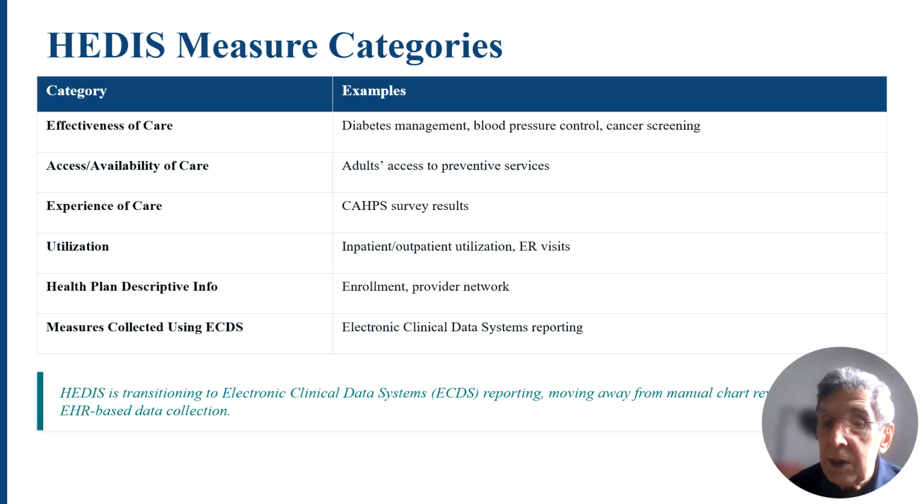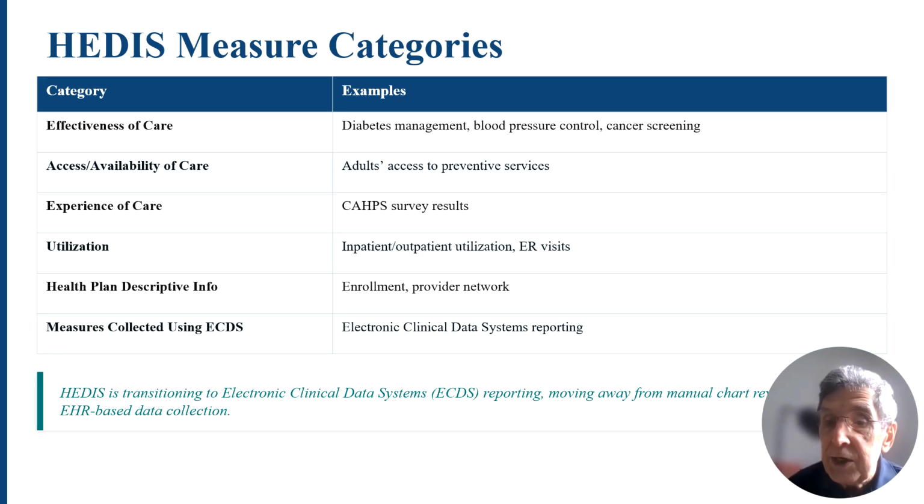In the final category, measures collected using ECDS represents the growing set of measures that rely on the electronic clinical data systems rather than traditional claims or manual chart reviews. So things that we can do electronically, which are very pertinent in terms of your SQL experience. So the last category is important to you, and it's important that you understand these in terms of completing your HEDIS calculations.